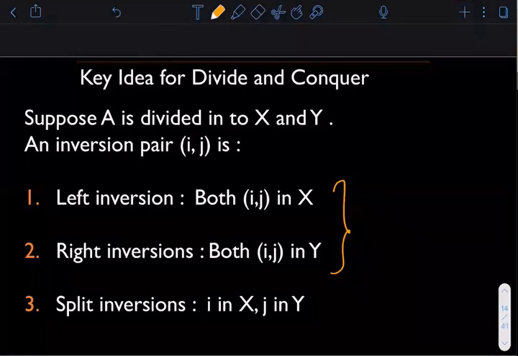It's exactly the original problem, the only difference being that now I am only focusing on one half of the array. It's a subarray that starts at 1 and ends at n/2. Similarly, for Y, it's a subarray that starts at n/2 plus 1 and ends at n. So both of these I can solve, quote unquote, via recursion.